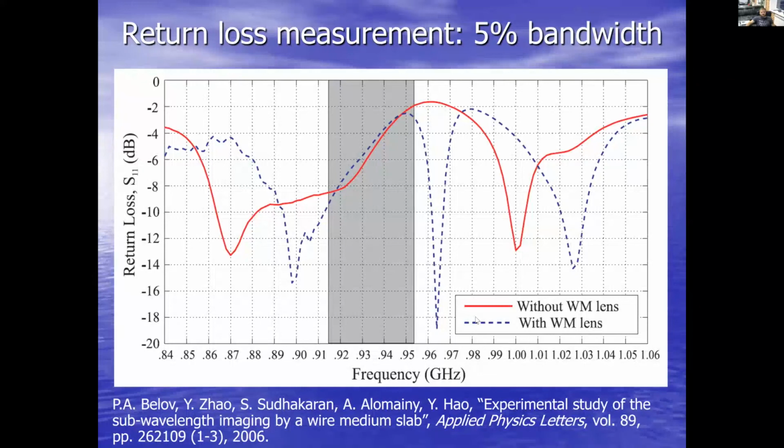It's quite a resonant thing, but we identified a bandwidth of about 5%, at which we have seen the image, and at which we haven't seen any difference for this antenna with the wire medium lens nearby and without. Basically, the fact that S11 does not change with or without the wire medium in this range means that there is no reflection at all from this thing.